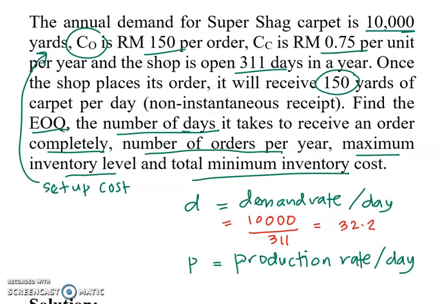And for the production rate, this comes from this one. Every time you set up the machine and produce your carpet, it will be 150 yards per day. So D, or demand rate, equals 32.2 and the production rate equals 150.